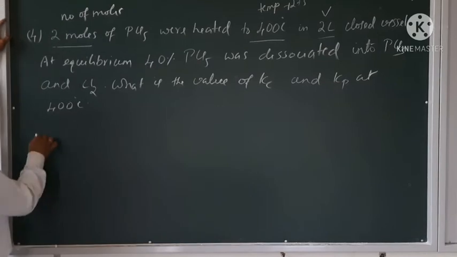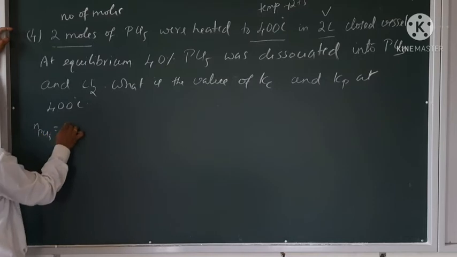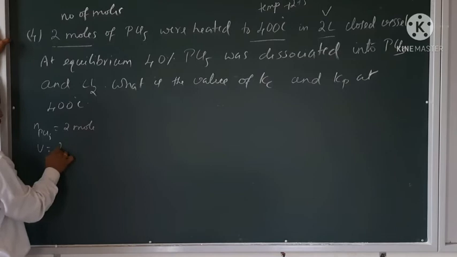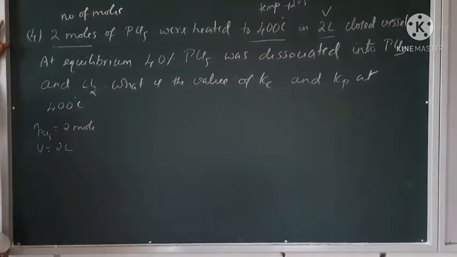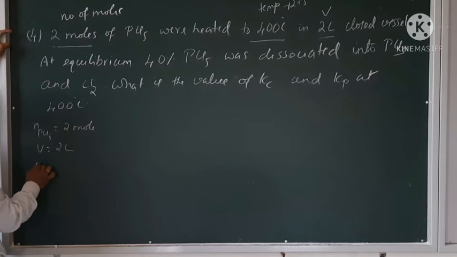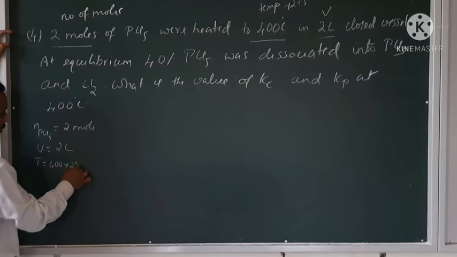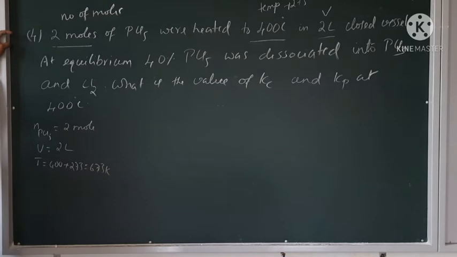How to solve this now? See here, N of PCl5 is given as 2 mole. Volume is 2 liter. Okay. Now, temperature is 400 degrees Celsius, that is 273 plus 400, 673 Kelvin.